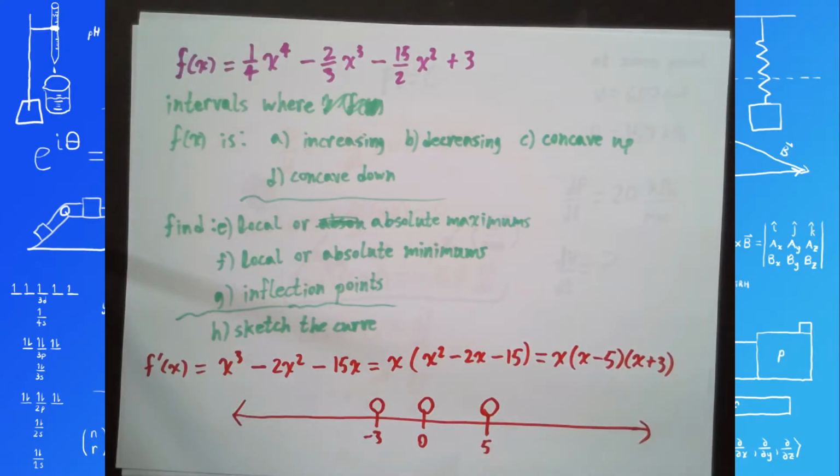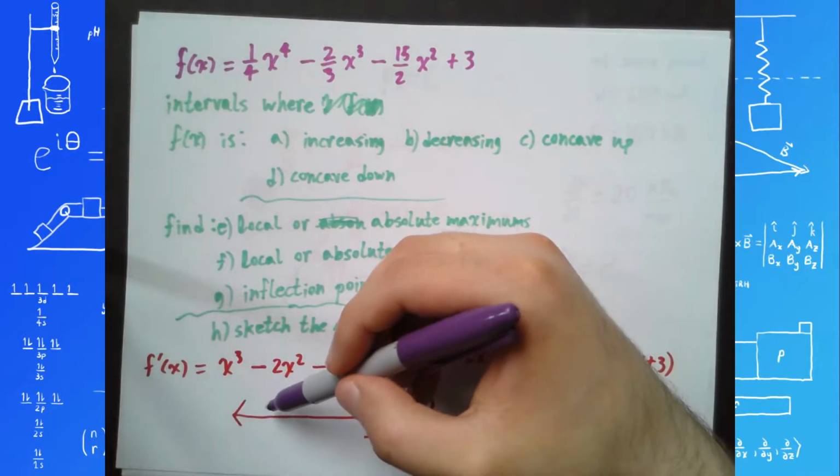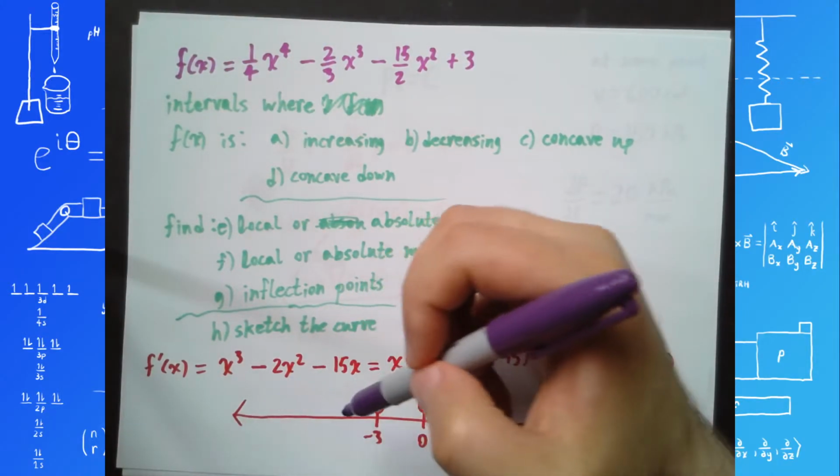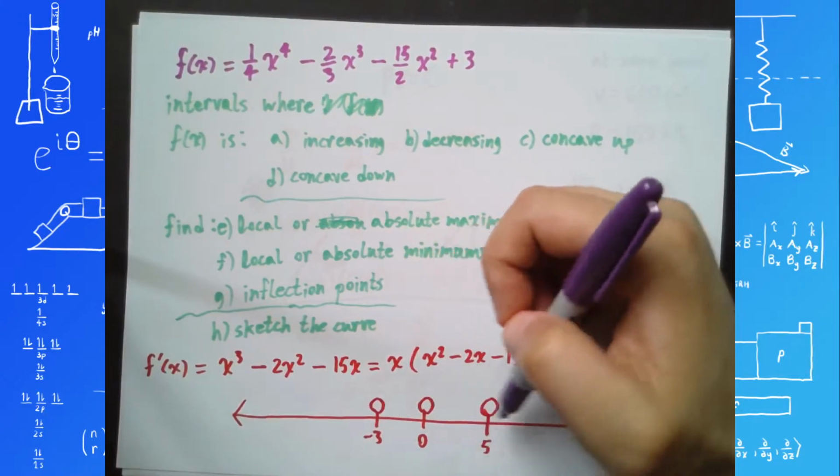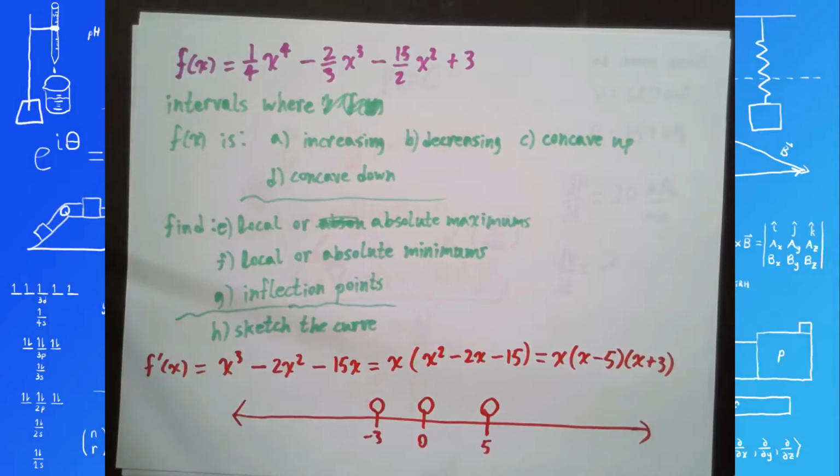That's what we know from the intermediate value theorem. You can't go from negative to positive or positive to negative continuously without going through 0. So I shouldn't expect a change from positive to negative before hitting negative 3, 0, or 5. Those are the only points where I expect the sign to change.